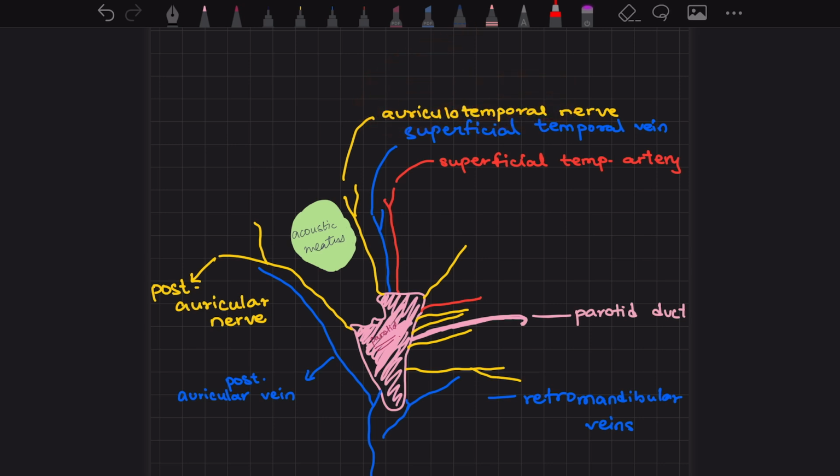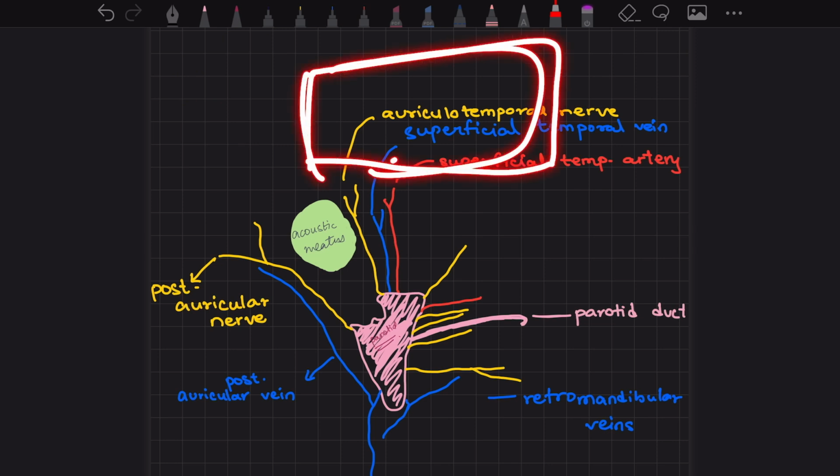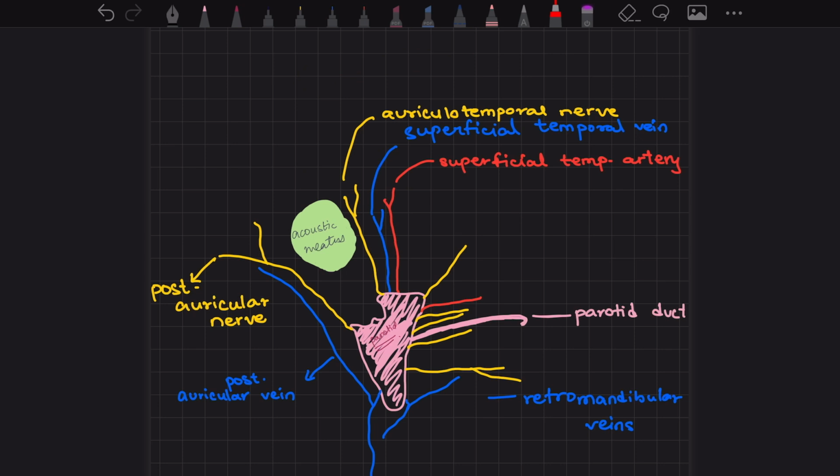What we have after that is the veins, so let's learn the veins beforehand. There are basically three types of veins. We just told you that the temporal bone is over here, so from the base of the parotid gland, which is on the upper side, the superficial temporal vein emerges.